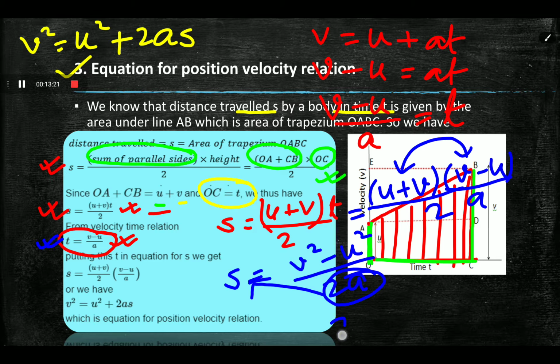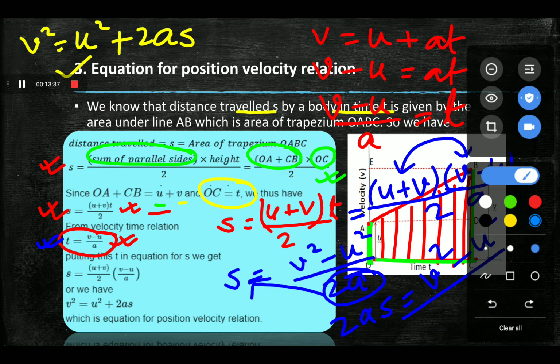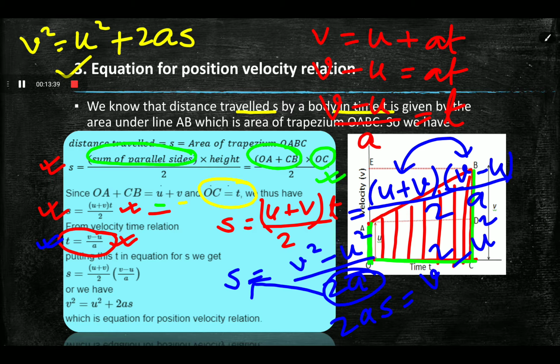So it becomes 2AS is equal to V square minus U square. Now we will arrange this equation and we will get that V square is equal to U square plus 2AS. This is the required formula of position velocity relation, and in this way we can prove it graphically.